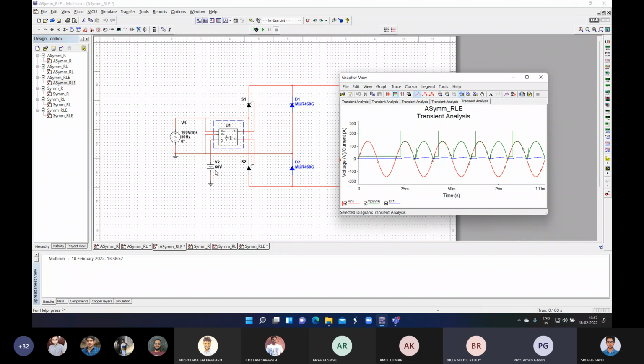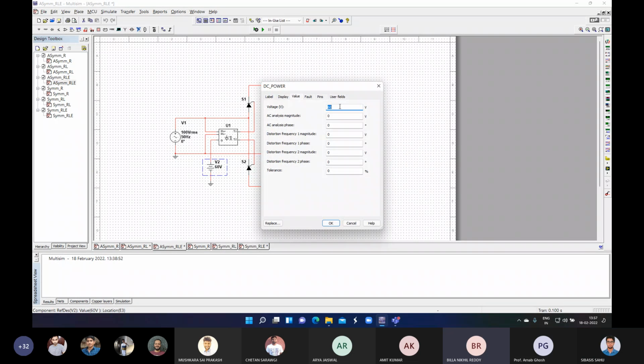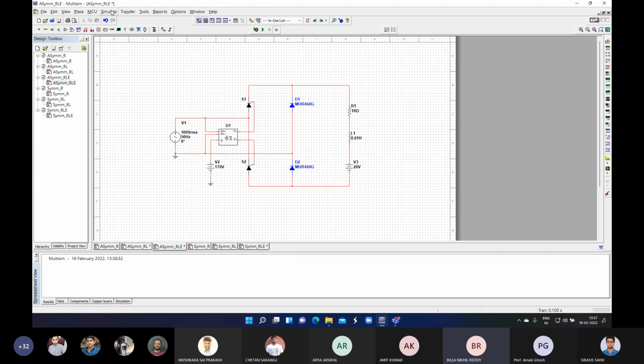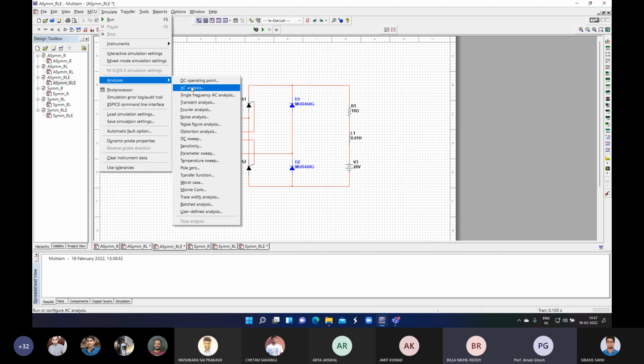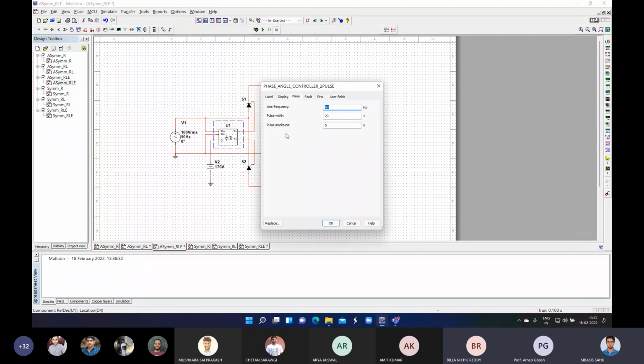So now make that one 170 degree. Okay, sir. Your amplitude of gate pulse is how much? 5, I guess, sir. Yes, sir, 5.